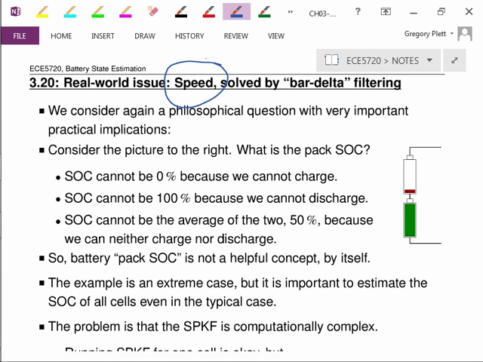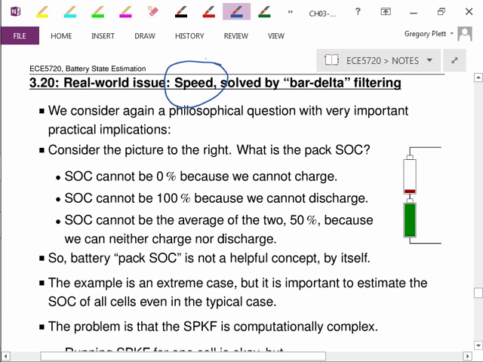Over time, I've had a lot of pushback by companies saying, Coulomb counting is really simple, for example, and it takes only a few microprocessor operations, but this common filtering thing is really complicated and it takes a lot of CPU operations. And they're right.